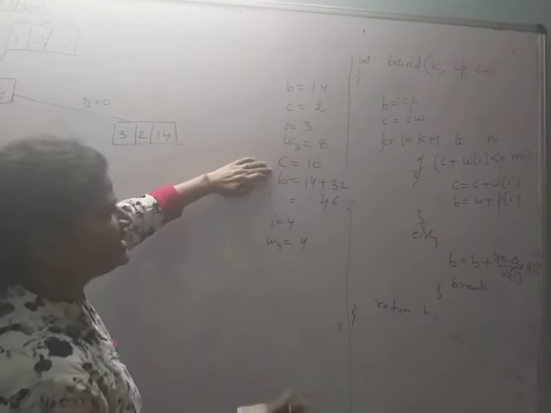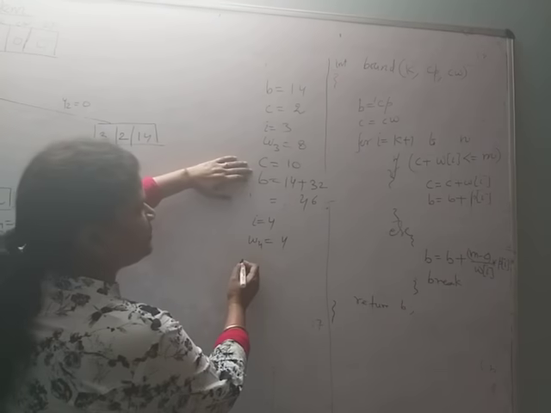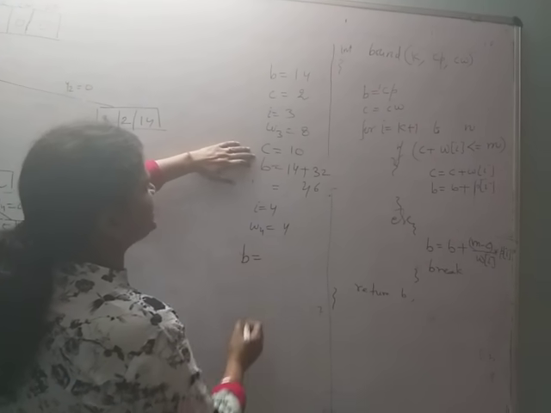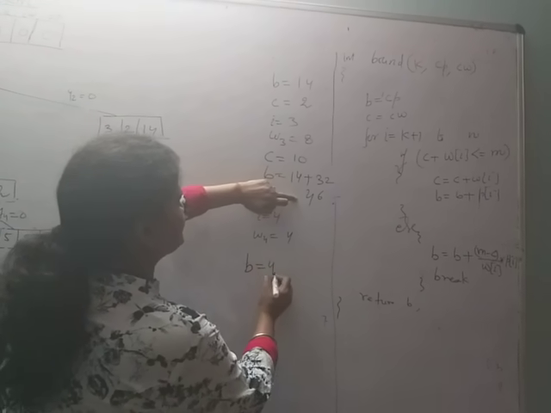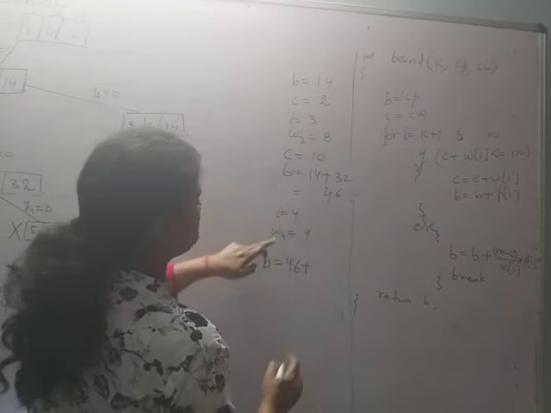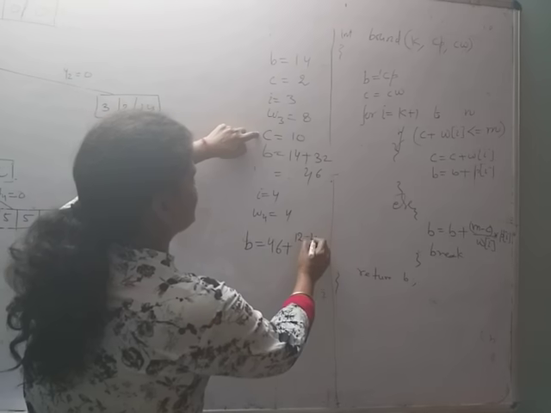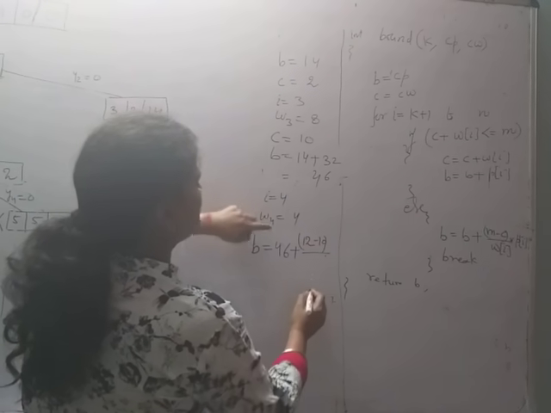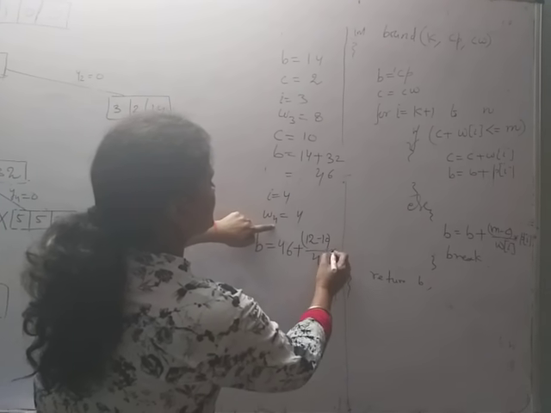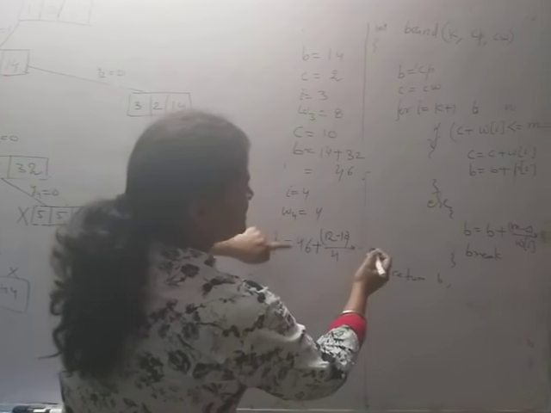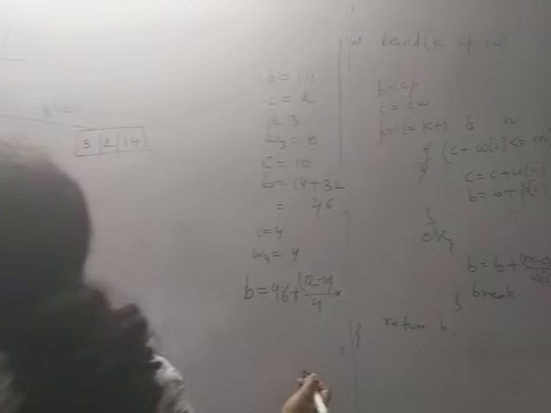So what is the profit generated? b equal to b plus, where b here is 46, 46 plus (M minus c), M is 12, so 12 minus 10, divided by W4, W4 is 4, into p4, P4 is 12.